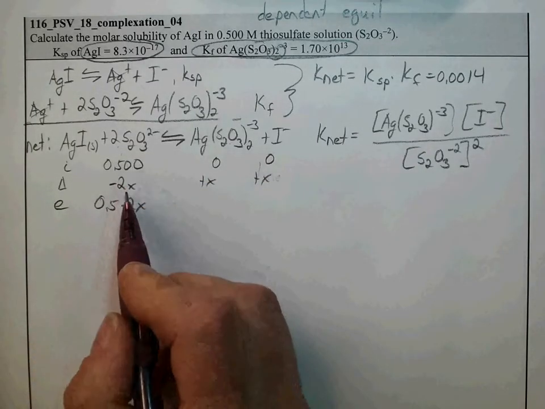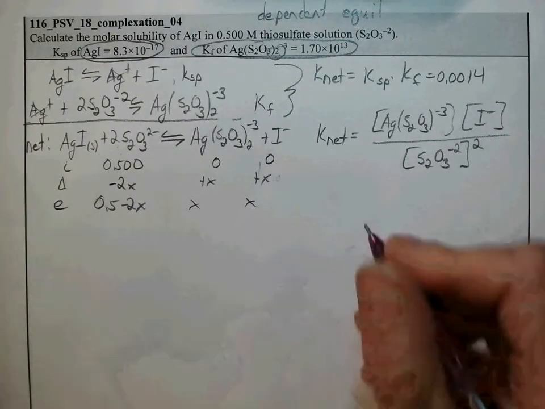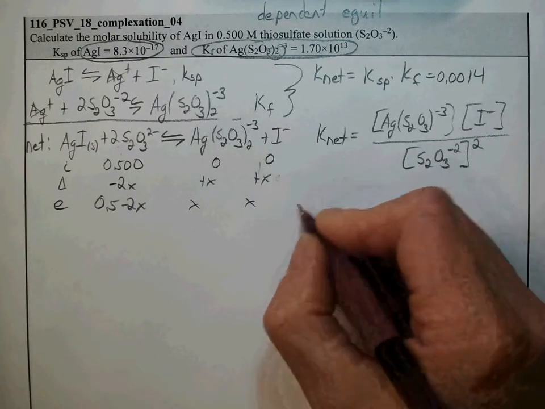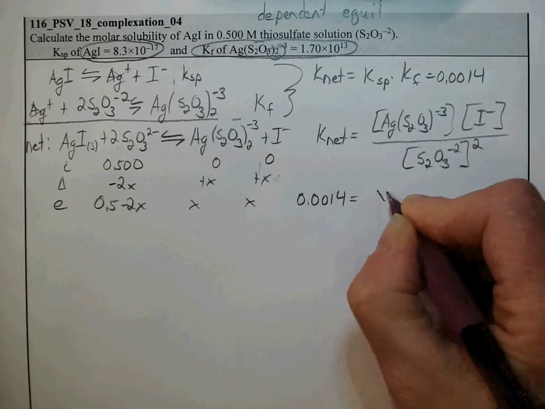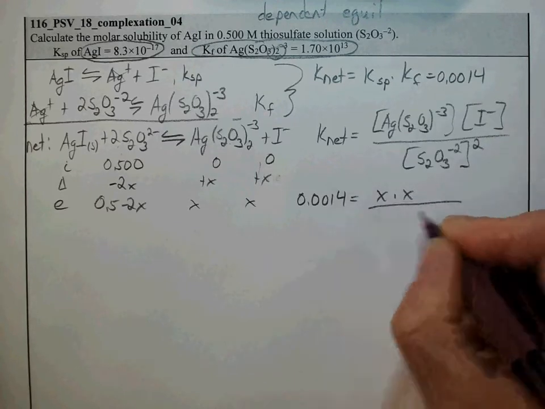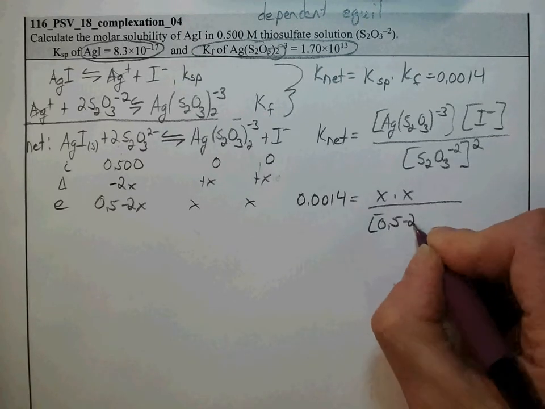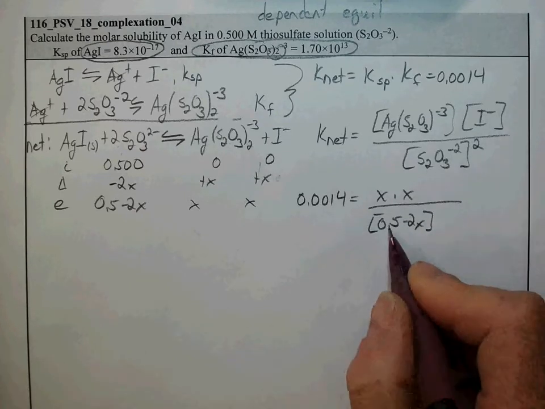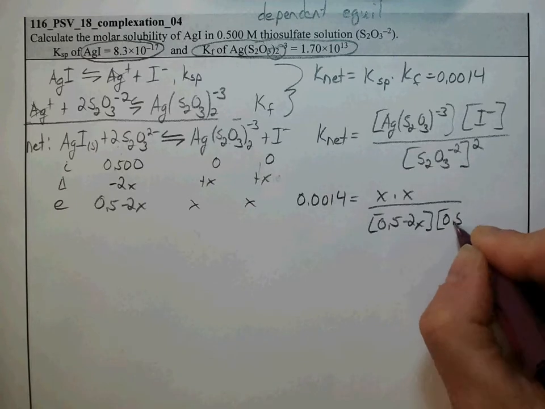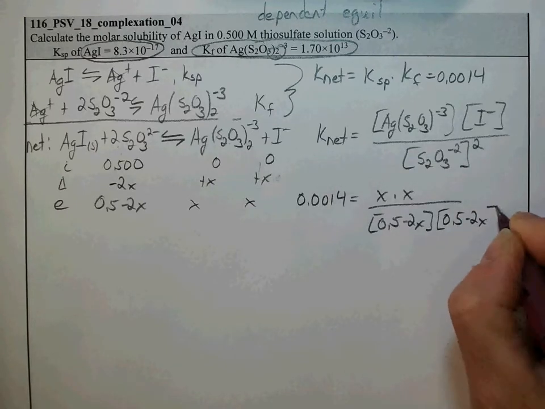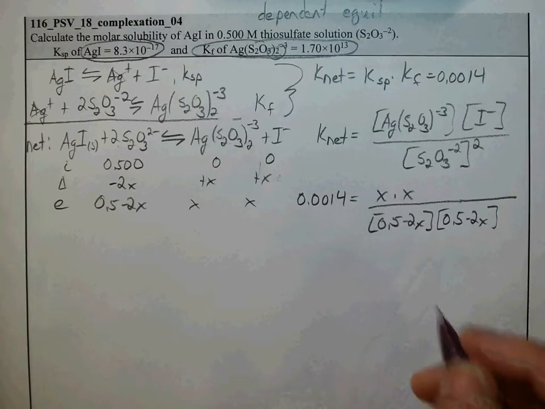So equilibrium, initial plus change, and we can substitute these values in. Okay, 0.5 minus 2x is squared. I'll write it this way to make it easy to see that we have a perfect square here.